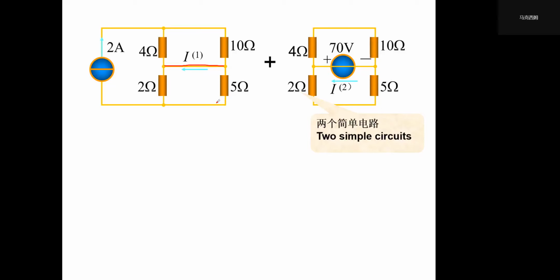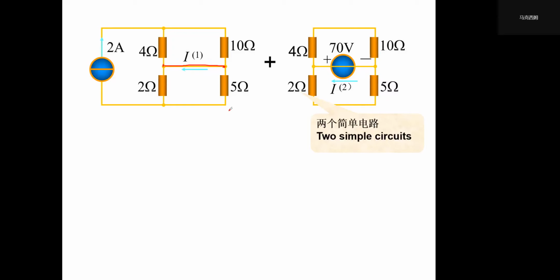And the other one, we open-circuit the first branch. The current source is gone, so the first branch is gone. From the first one, we see that those two are connected with a wire.